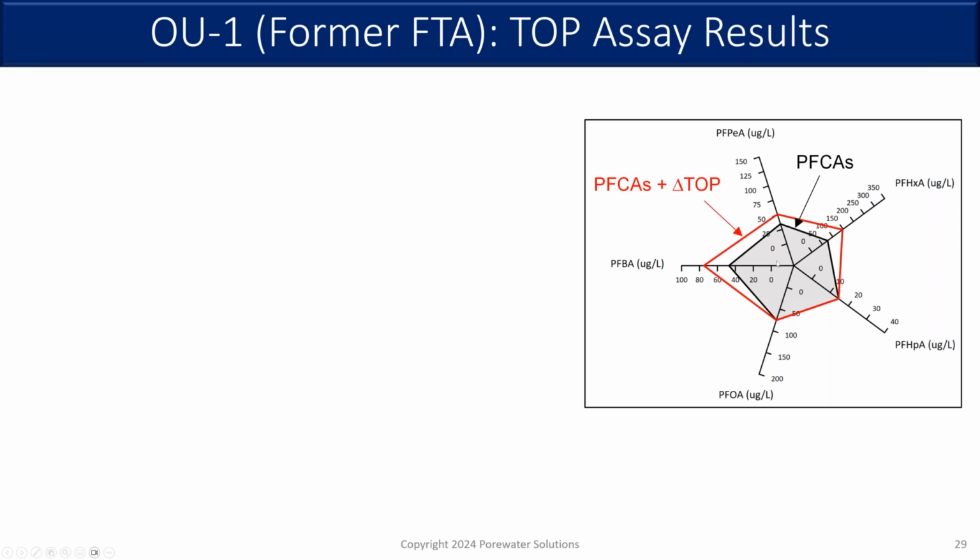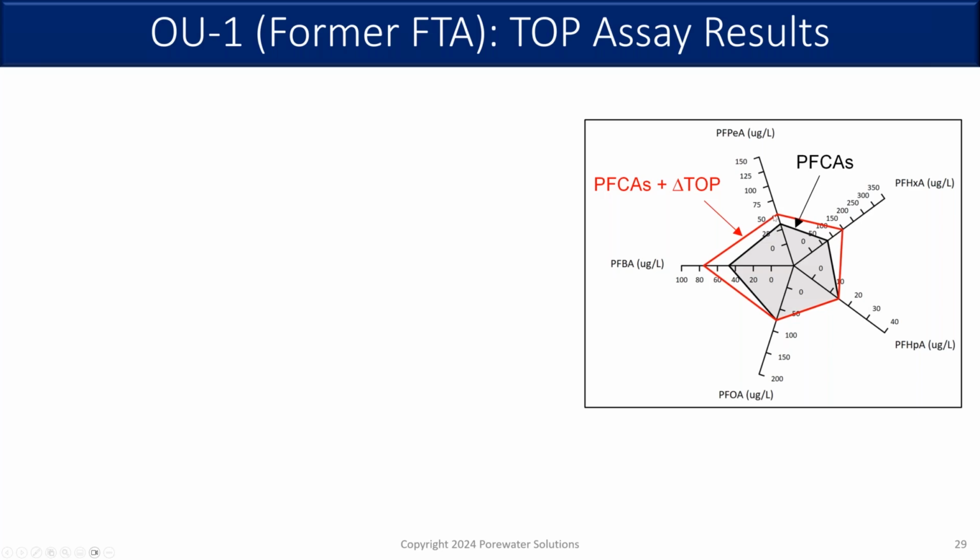And what we can see is, just looking at PFBA, so before the TOP assay, concentrations were about 45 microgram per liter. After the TOP assay, they went up to about 75 microgram per liter. So not double, but went up pretty high. So that means the TOP assay had a lot of short chain precursors that were oxidized during the TOP assay.